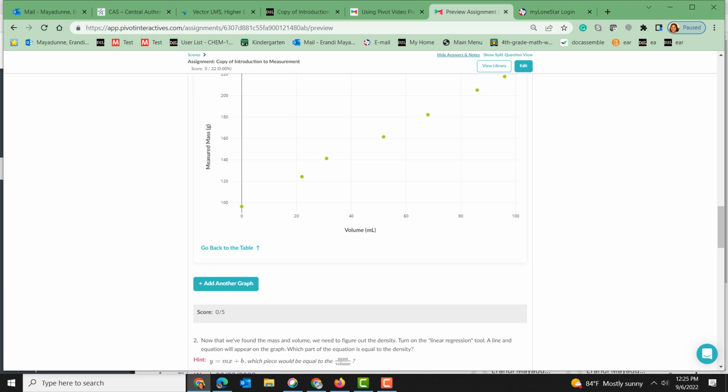Density is mass divided by volume, so that is m, the slope. So you can get the density, mass divided by volume, from the slope of the graph, which is m.